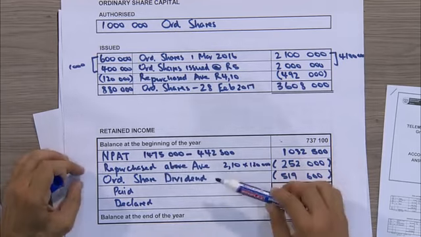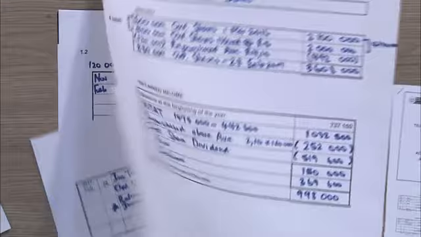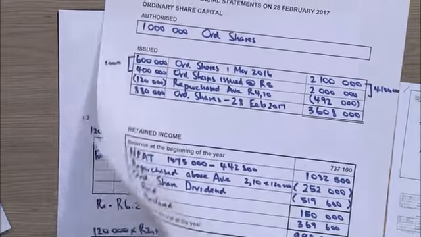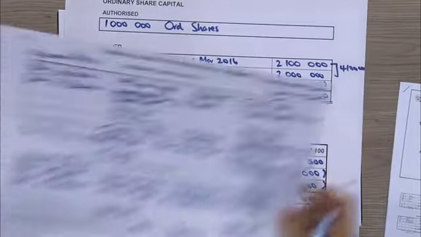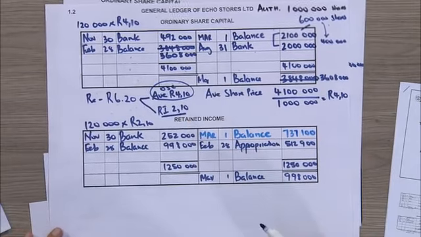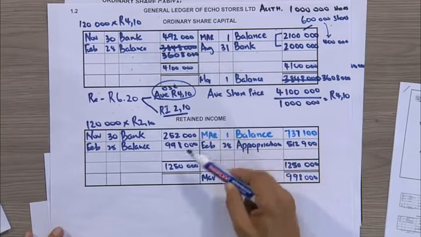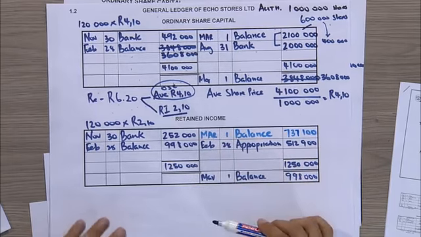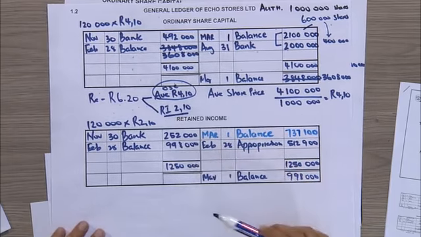Okay. Then also, let's just see if we can answer a few questions quickly. In the ledger, there's a question where it says that the opening balance of the retained income can also be transferred to the appropriation account. We must just remember that the subject guidelines give you 3 different ways of treating retained income and recalculating the retained income at the end of the year.